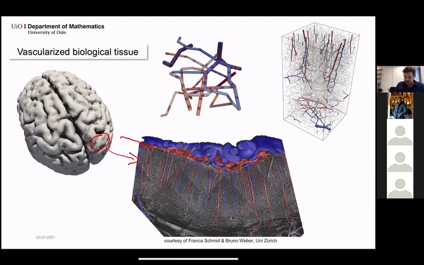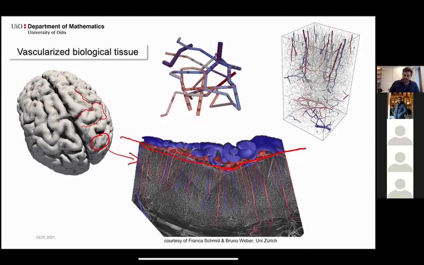What you see here is essentially the surface of the brain. The big vessels are not shown in the picture on the left. They would actually go in mostly in these folds, and they're covering the brain. And then there's functional tissue in here which we want to supply with oxygen, with fluids, with nutrients.